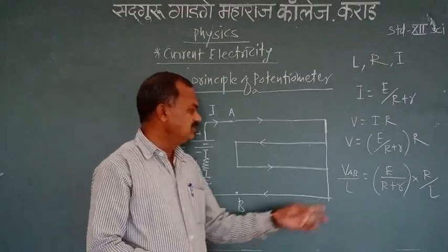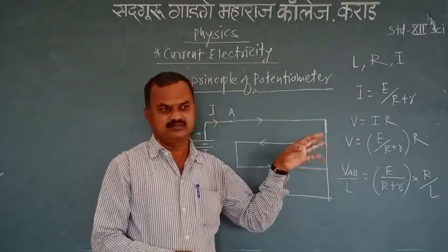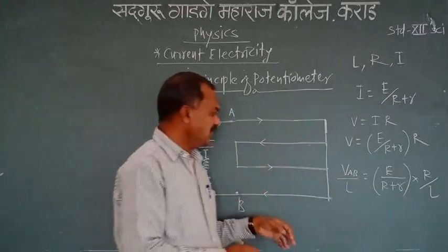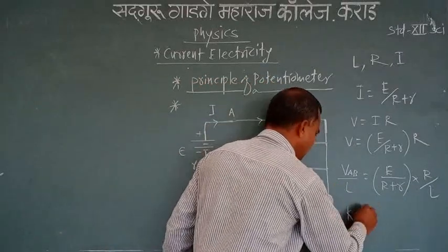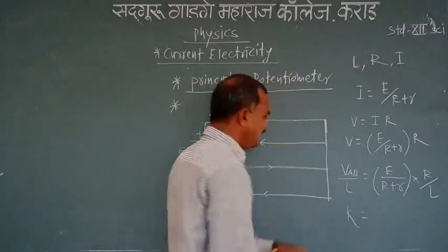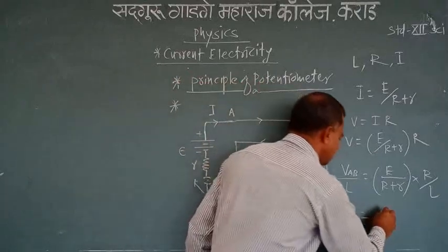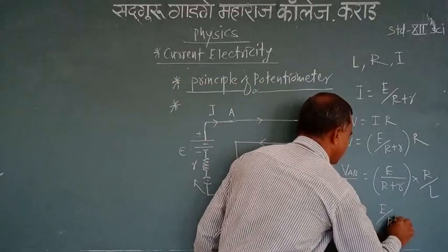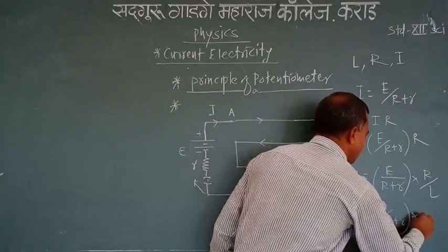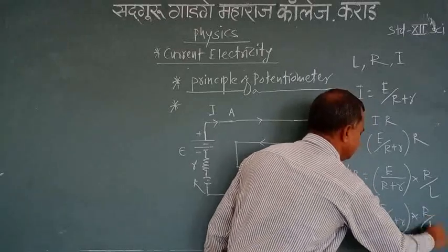Fall of potential per unit length of wire is called potential gradient. It is denoted by the letter K. Therefore, VAB divided by L equals K, that is E divided by R plus r, into R divided by L.